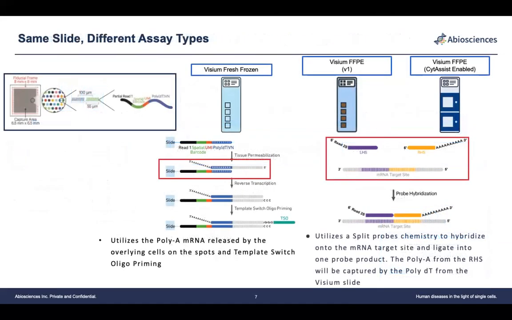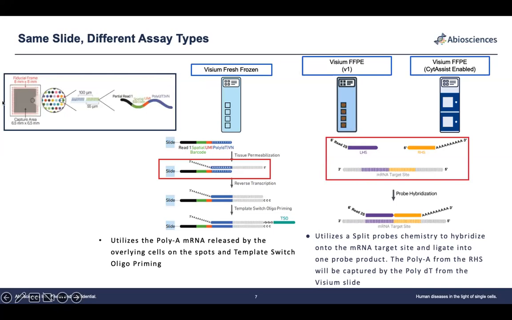So I know that John has probably talked about some of these, but I wanted to talk about it just for those people who did not join in the morning, to emphasize the differences between Visium fresh frozen V1 and CytAssist. Illustrated here, Visium is utilized on the same slide.